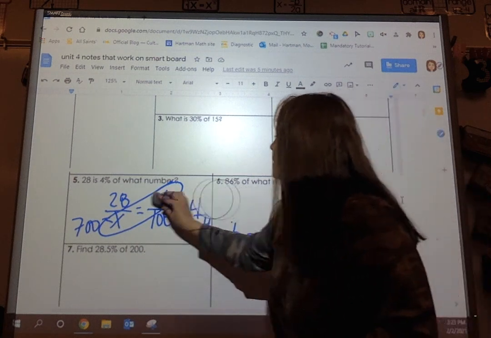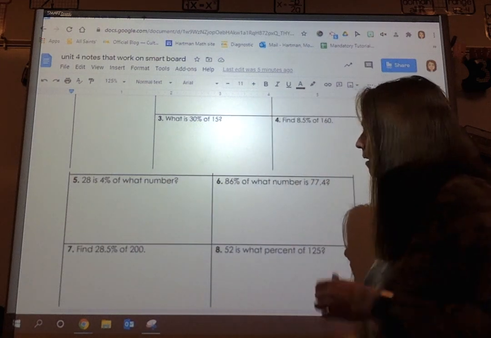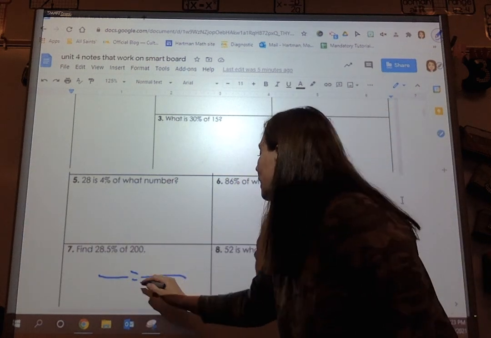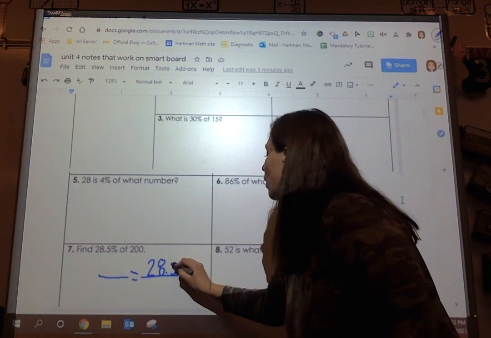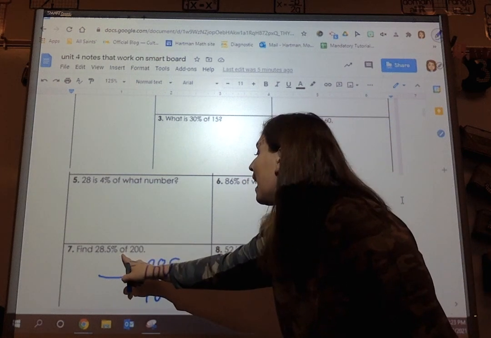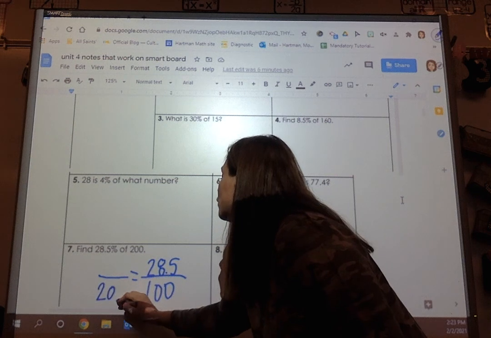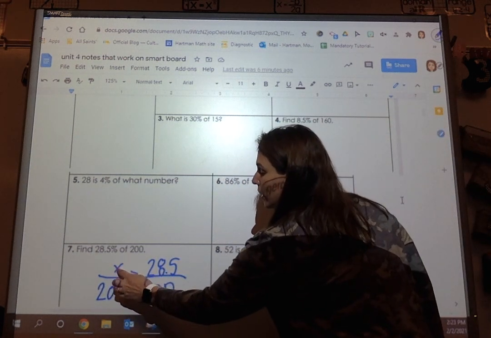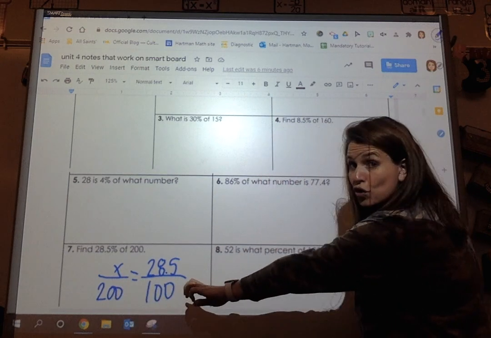Okay, let's look at number 7. So I have find 28.5, which is always a percent, so it goes here, and 100 is on the bottom. I have of, so of is 200, and I'm looking for the is. So I want to find what represents 28.5% if my total is 200.